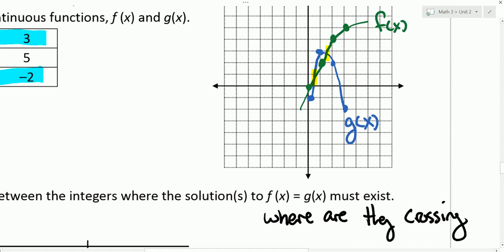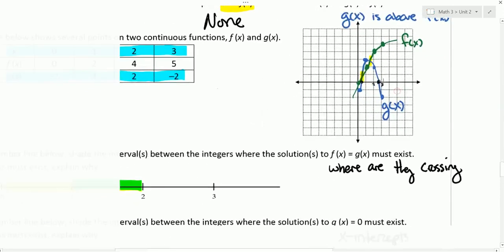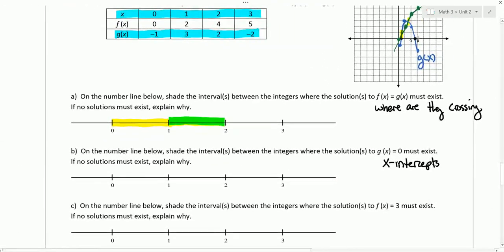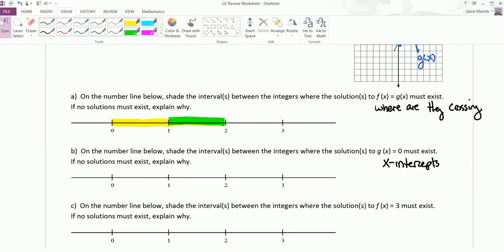Ignore the green graph. Where is that crossing the x-axis? Well, it's crossing the x-axis in two spots, somewhere between 0 and 1. And then there's another crossing over here. Okay, I'll highlight the 2 points. Somewhere between, well, it's 1, 2, so it's 2 and 3. So 0 and 1, and 2 and 3. So highlight between 0 and 1, and 2 and 3.